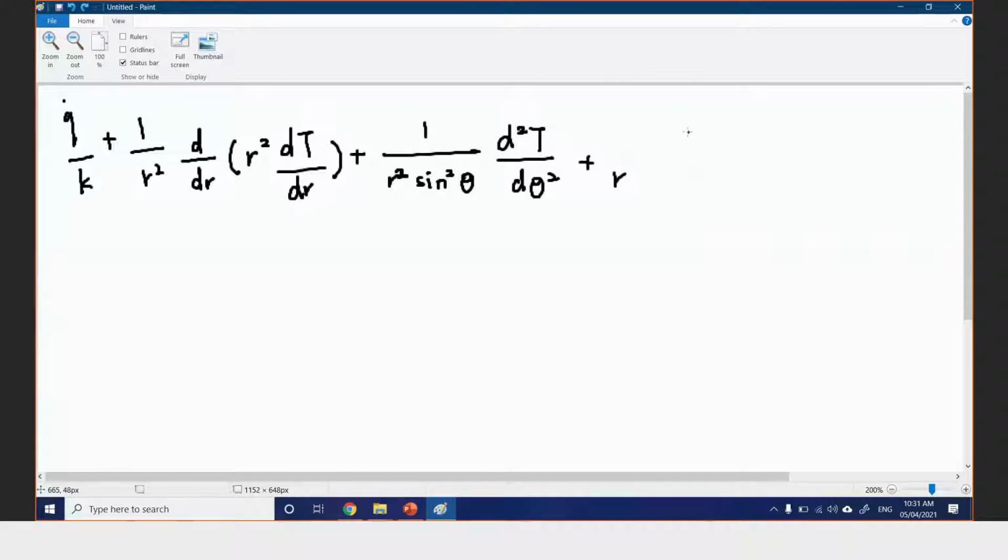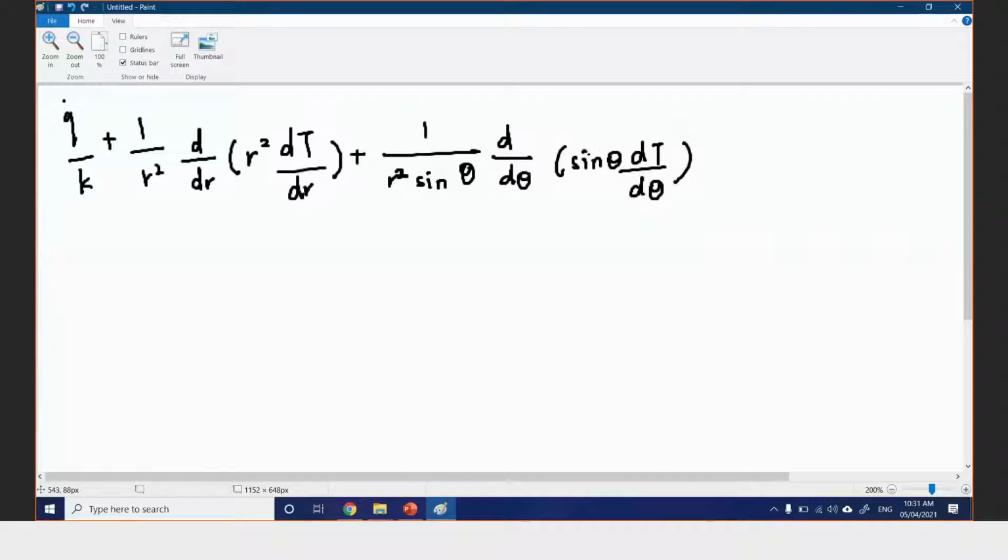Oh wait, sorry, the r is squared, but there's only one sine. The sine is like this: d over d theta of sine theta dT over d theta.